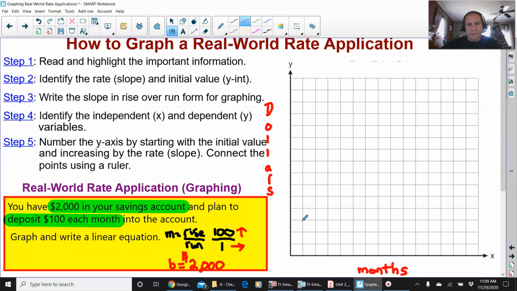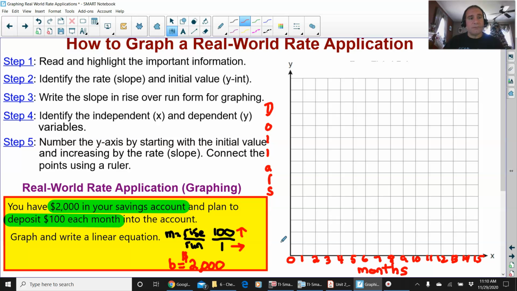So we are going to start putting numbers down here, and the months are going to go by ones. And once again, I am putting the number right directly underneath the line, each line. On the dollar side, this is where it gets tricky.